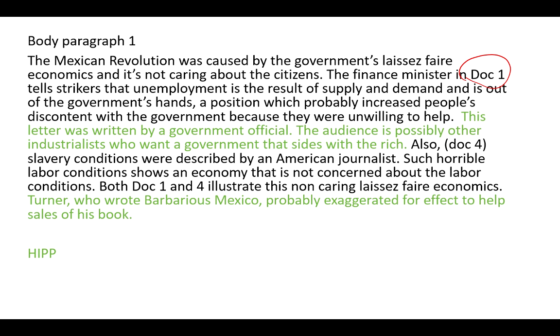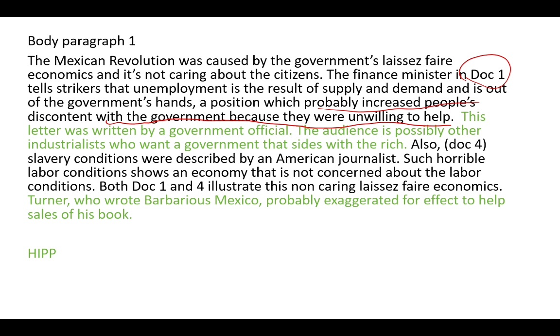The finance minister in document 1 tells strikers that unemployment is the result of supply and demand and is out of the government's hands. Then that's where you go, okay, so what? Well, it probably increased people's discontent with the government because the government was unwilling to help. That's when I say that's why this is important.